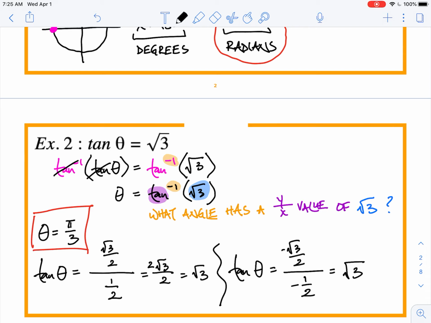So this angle, wherever that is, also has a tangent of root 3. And if we look at our unit circle, we're going to find that this angle happens at not pi over 3, but 4 pi over 3.